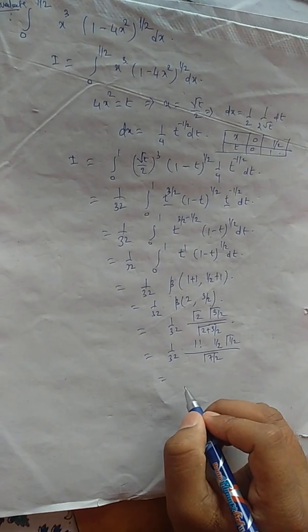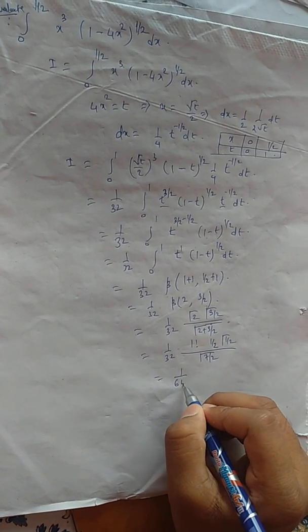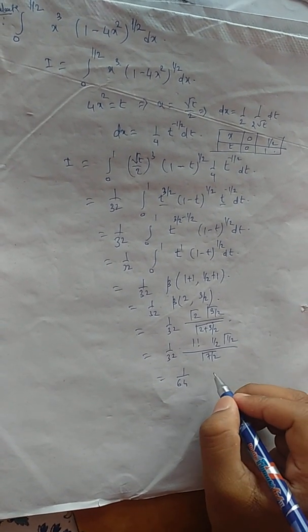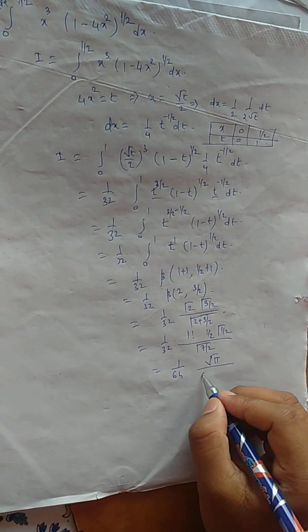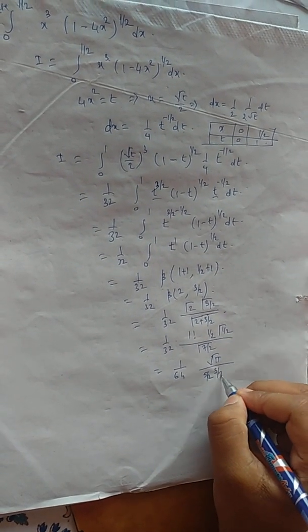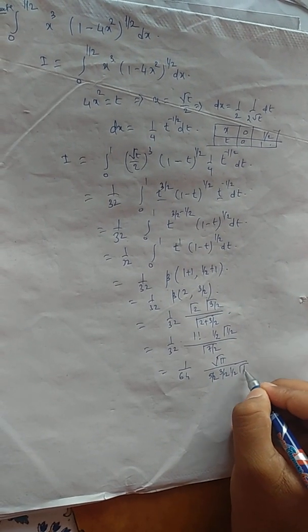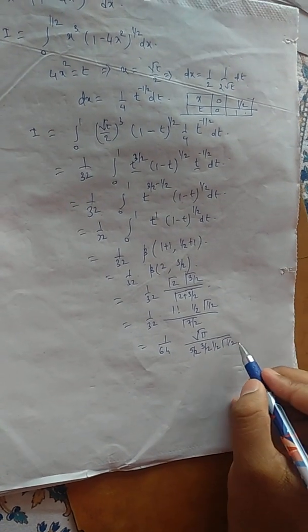2 into 32 is 1 upon 64, gamma 1 by 2 is root pi, upon, applying reduction, 5 by 2, 3 by 2, 1 by 2 gamma 1 by 2.